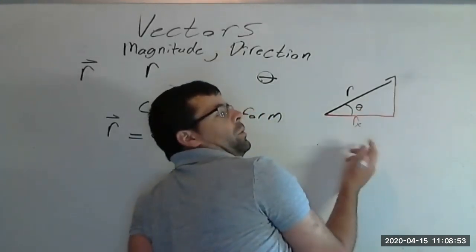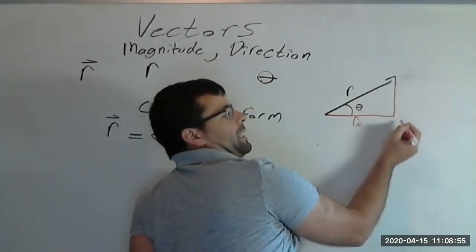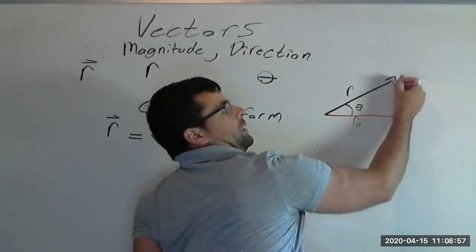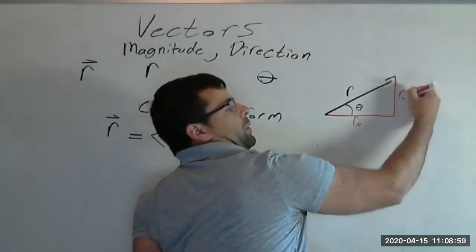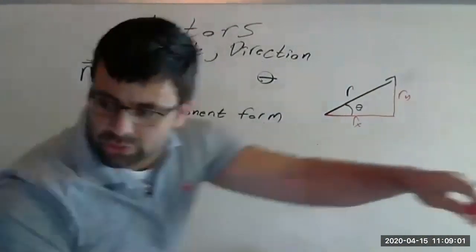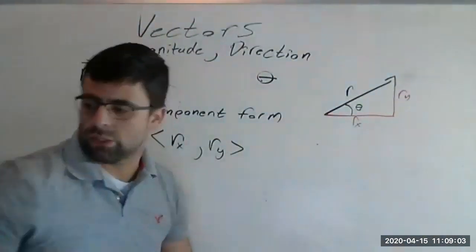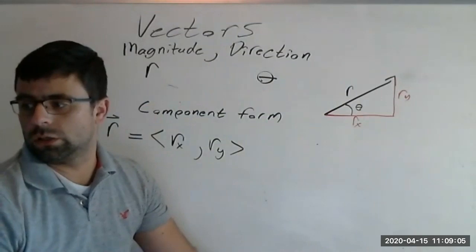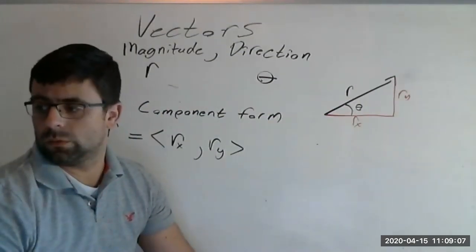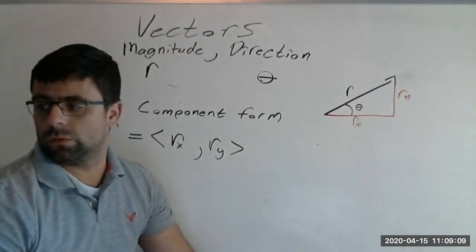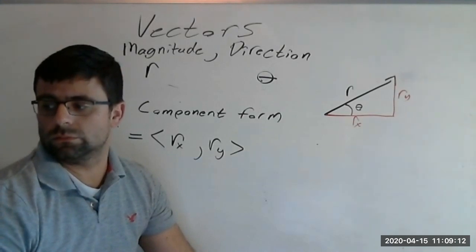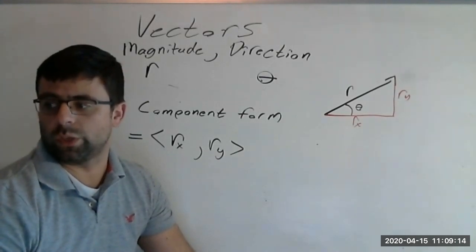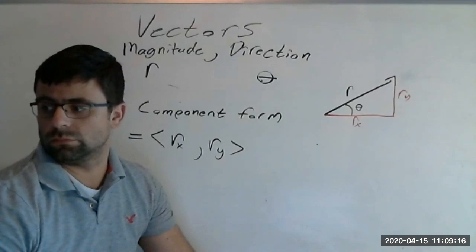This is the x component. It's how far out in the x direction the vector goes. And then this is the y component, how far out in the y direction the vector goes. So what is the relationship between all of these?